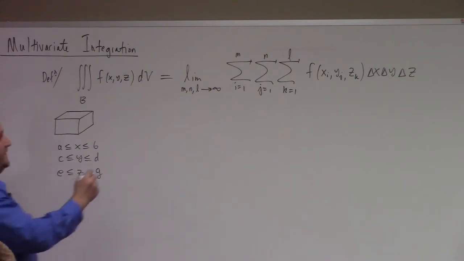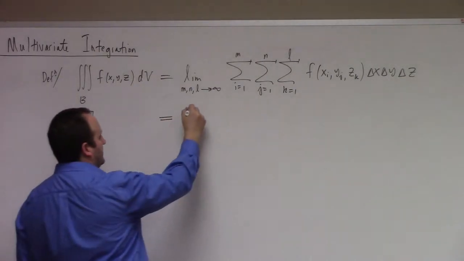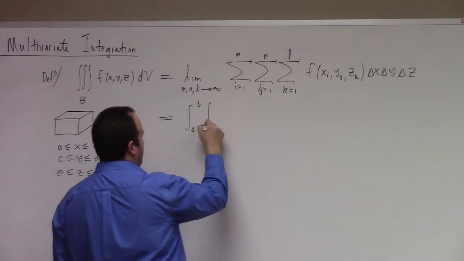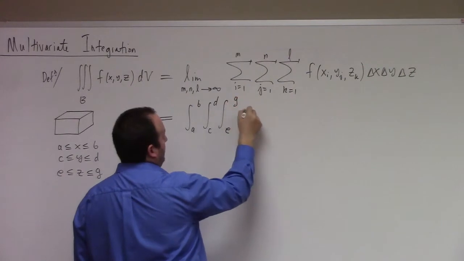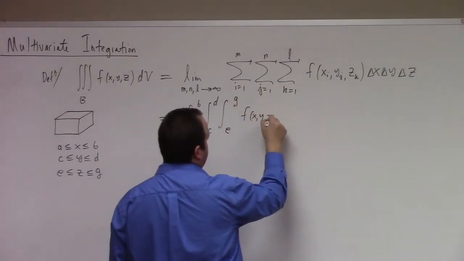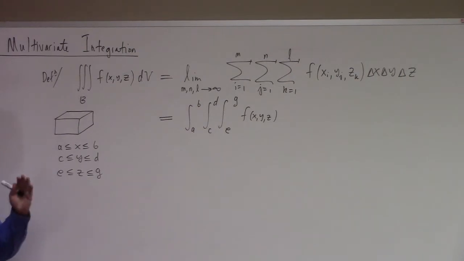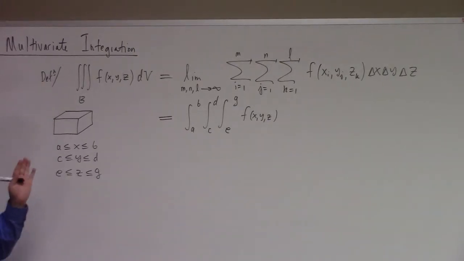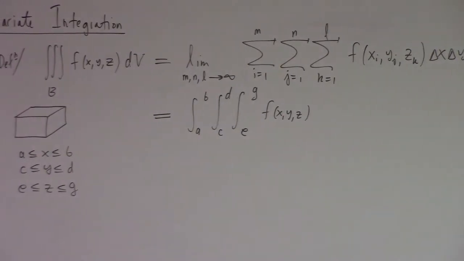Then there's a theorem that says I can do this as the integral a to b, integral c to d, integral e to g of f of x, y, z. And here's where you've got to be careful. When you do these iterated integrals, the dz, dx, and dy have to be paired in the logical order with the bounds. That's the most important new thing here.